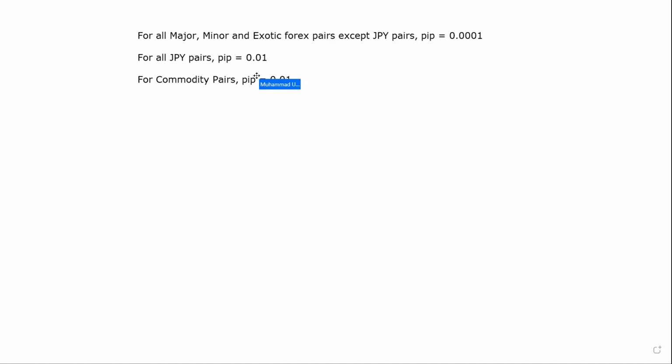And for all JPY pairs, the pip value equals 0.01. And for commodity pairs, the pip value is 0.01.